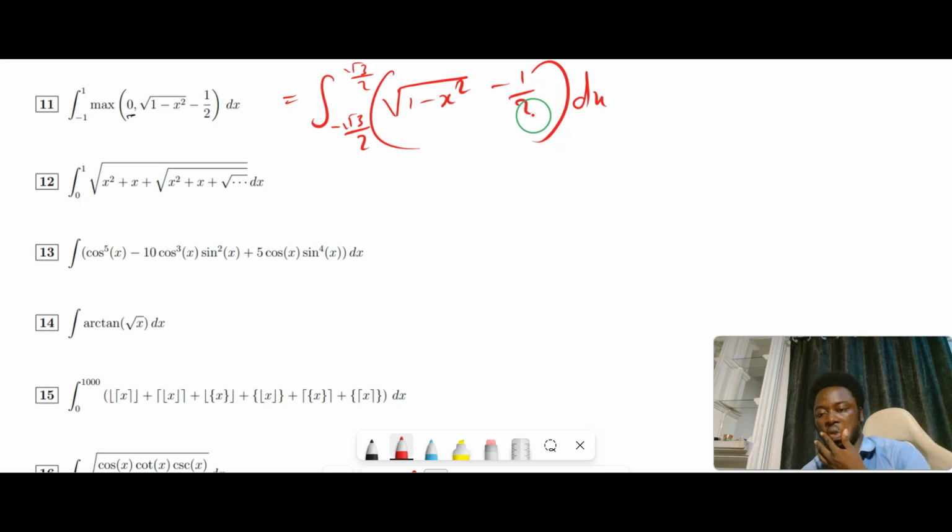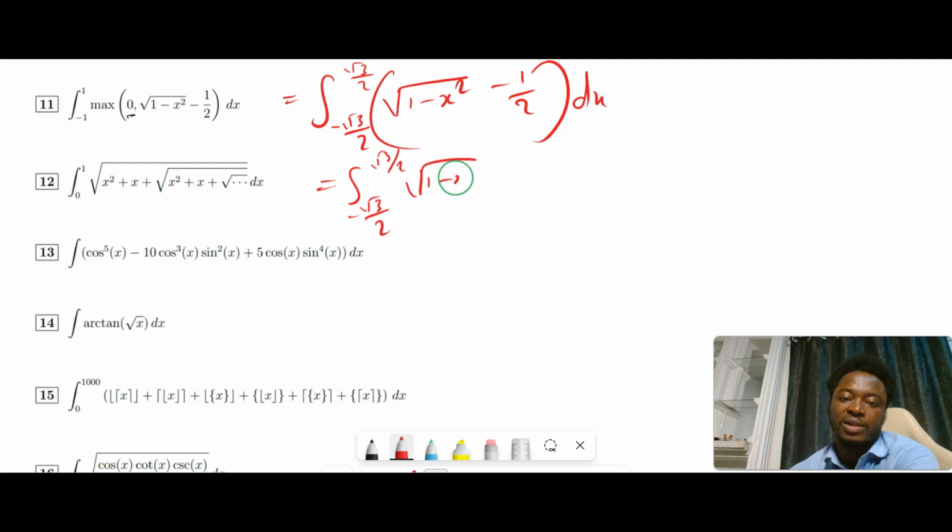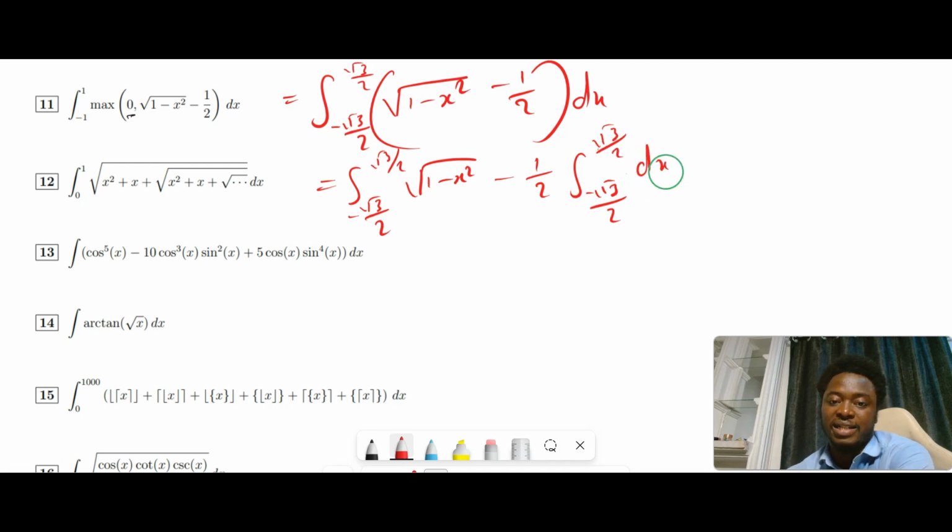For the first one, this will just be negative square root of 3 over 2 times square root of 3 over 2 square root of 1 minus x squared, and then you have a minus half times the integral from negative square root of 3 over 2 to square root of 3 over 2 of dx. So this one should be 0 because it's a symmetric interval and the function is 0?